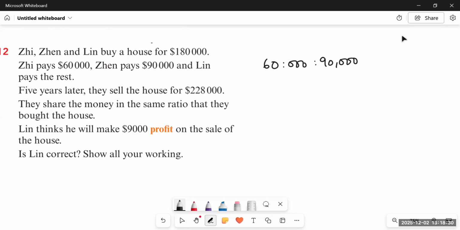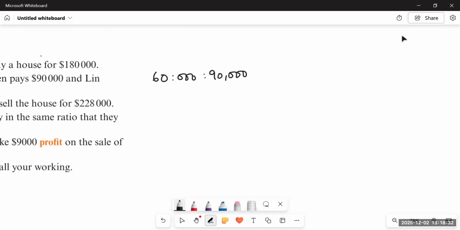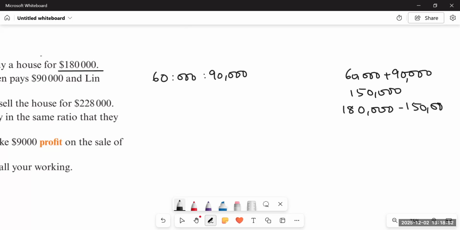So it would be 60,000, 90,000, and Lin pays the rest. So we have to add 60,000 with 90,000, which gives 150,000, right? And since they paid 180,000 together, the third one, Lin, would have paid 30,000.